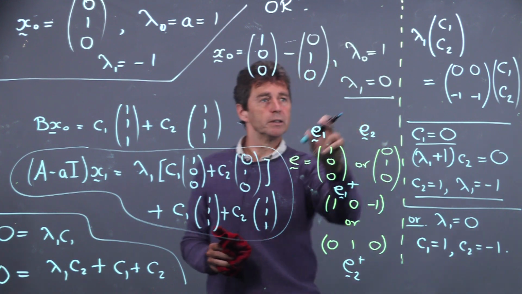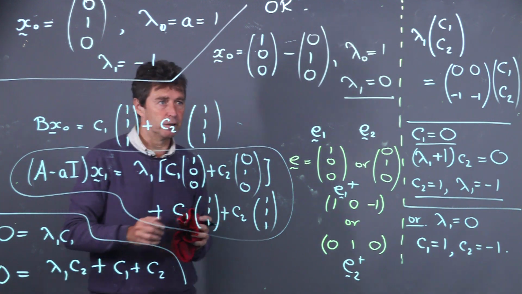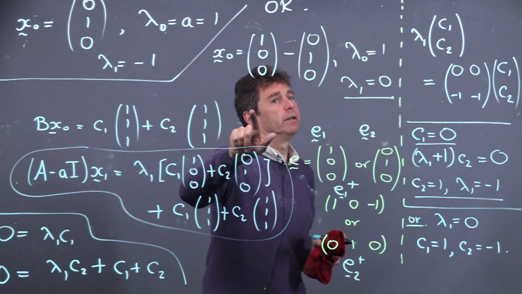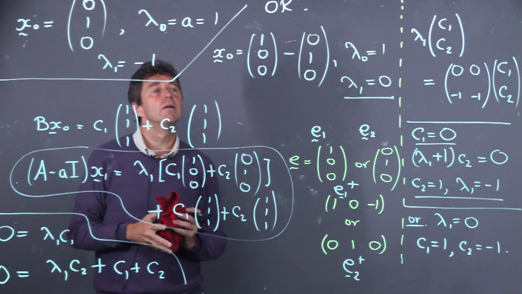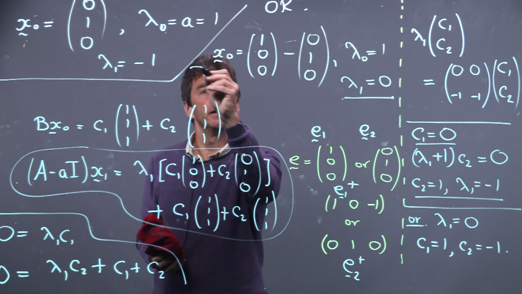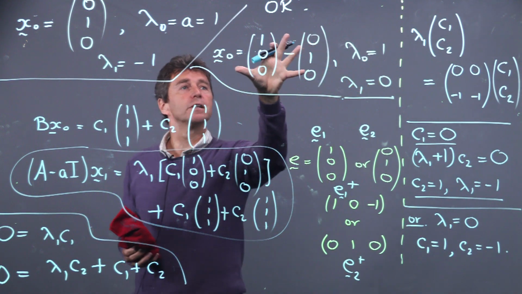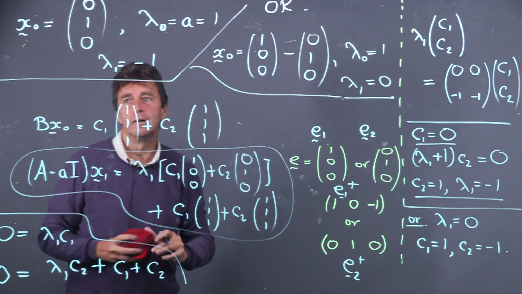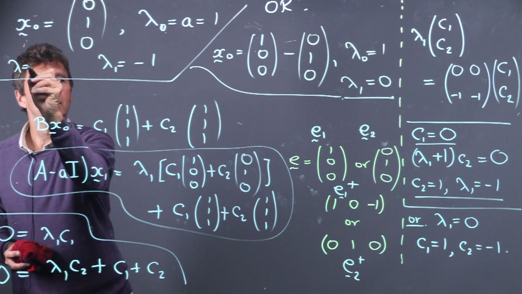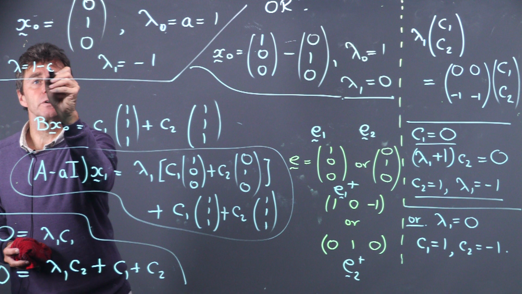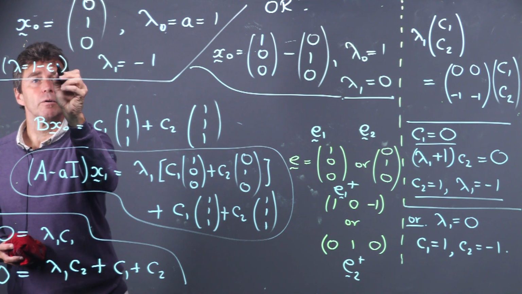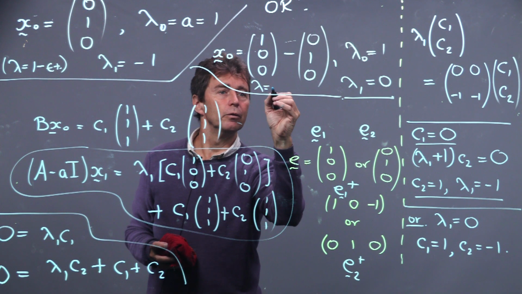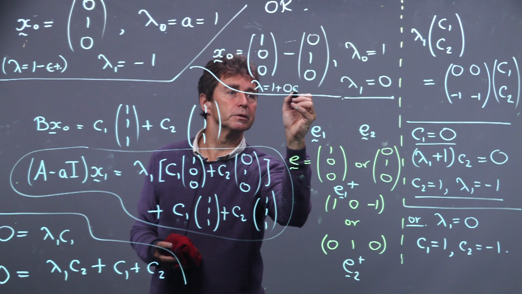Right, so in other words, I don't perturb the eigenvalue here at order epsilon. There may well be a correction of order epsilon squared, but I don't get any correction of that order for this particular leading order eigenvector. This one does have one. This one says that lambda is 1 minus epsilon, and so on. This one says lambda is equal to 1 plus 0 times epsilon, and so on.